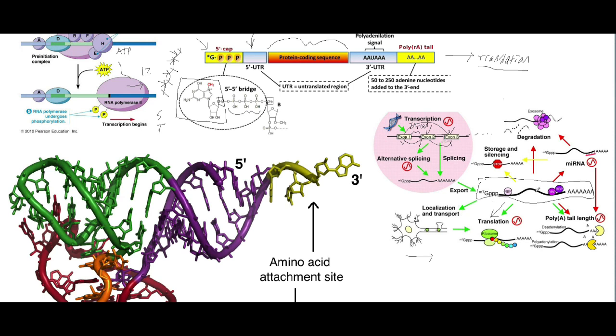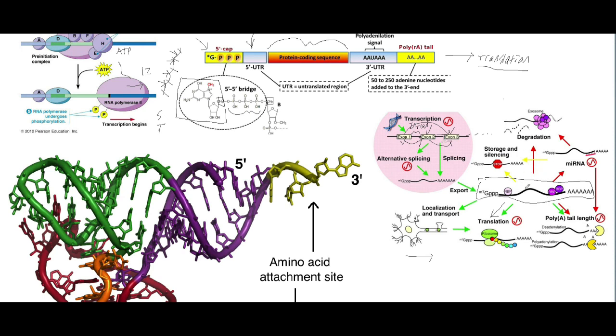You can also degrade it in several different ways, through exosomes, or by degrading the poly-A tail, the polyadenylated tail. These are different ways that you can regulate gene expression.